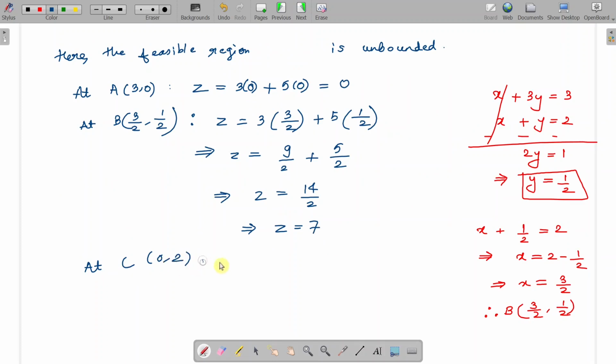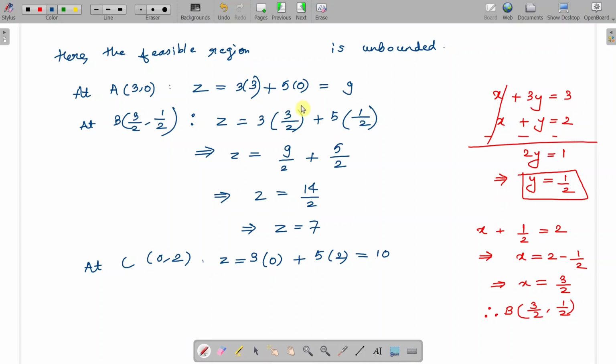So there z is equal to 3 into 0 plus 5 into 2, which is nothing but 10. Okay, here we had to substitute 3. There is a mistake here. 3 into 3, so we will get 9 here.